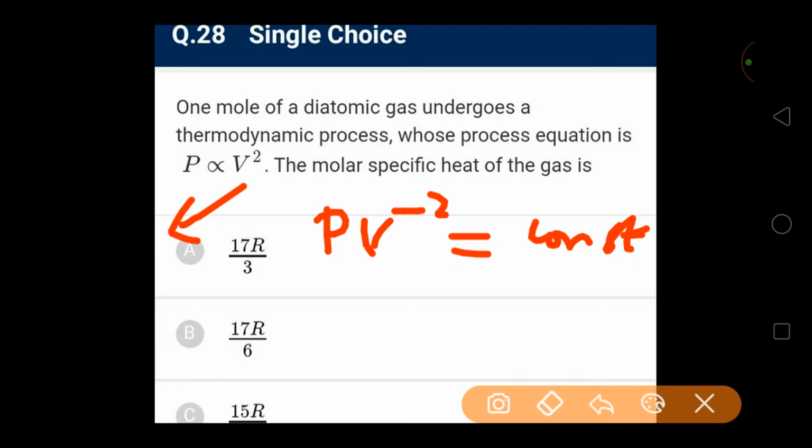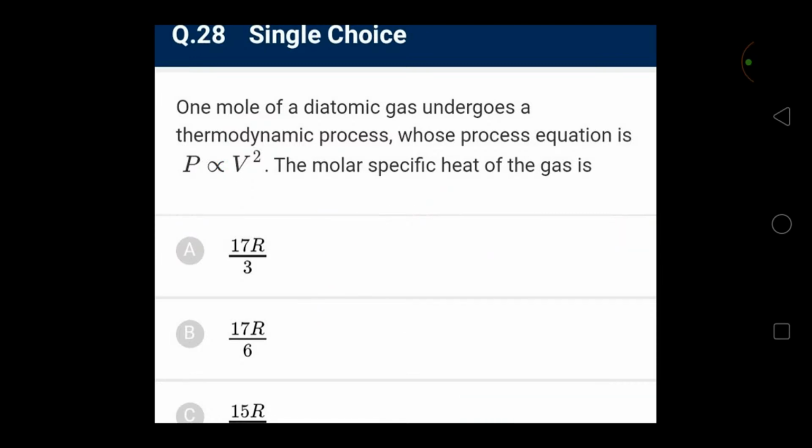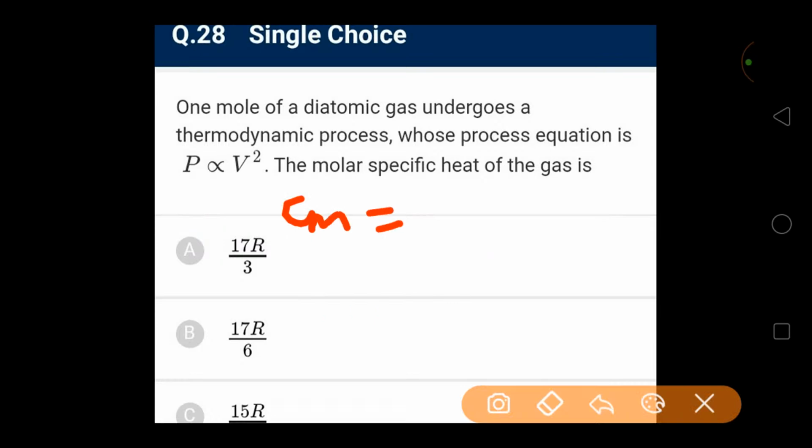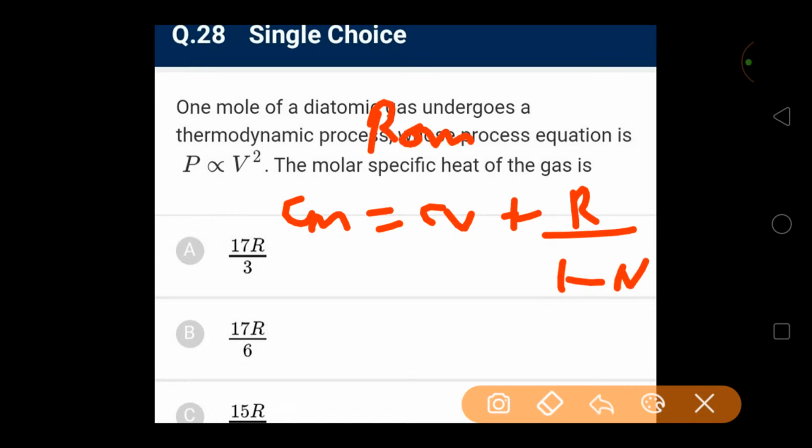So what is n? n is equal to minus 2. Now Cm is equal to Cv plus Roman. What is Roman? R by 1 minus n. Remember the word Roman: R, O means 1, M means minus, N. Finally, n: R by 1 minus n.